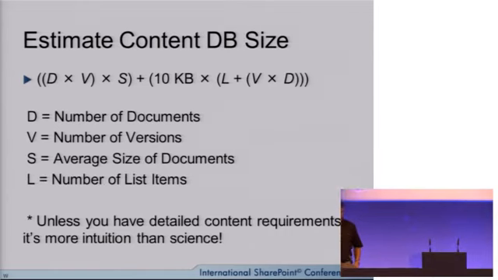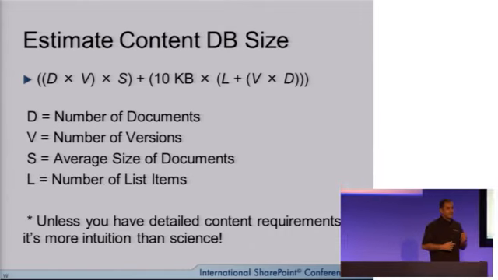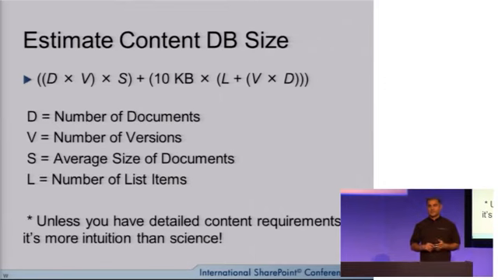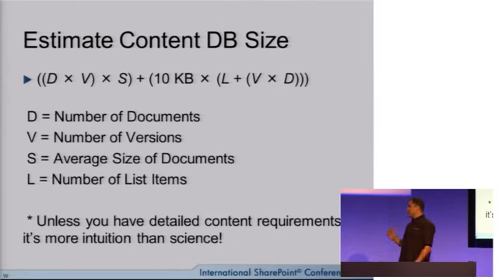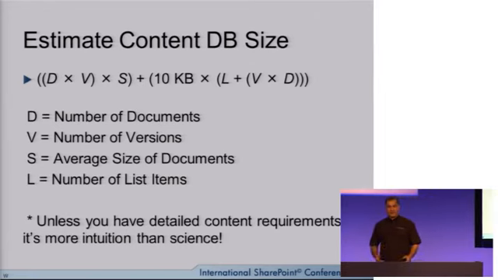So one of the things that you need to do as part of the sizing and determining how big these databases are going to get, particularly the content ones, is trying to get some type of formula into place. We have the standard formula which you can pull down from TechNet, and go through and do some calculations around it. It looks a little intimidating when you first look at it, but essentially it's pretty straightforward.